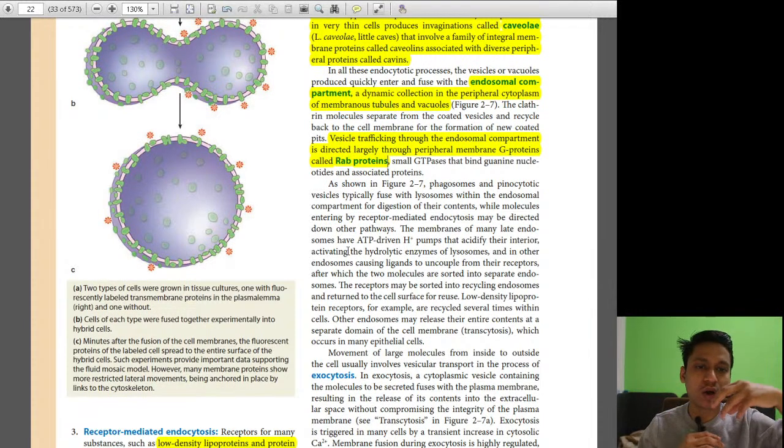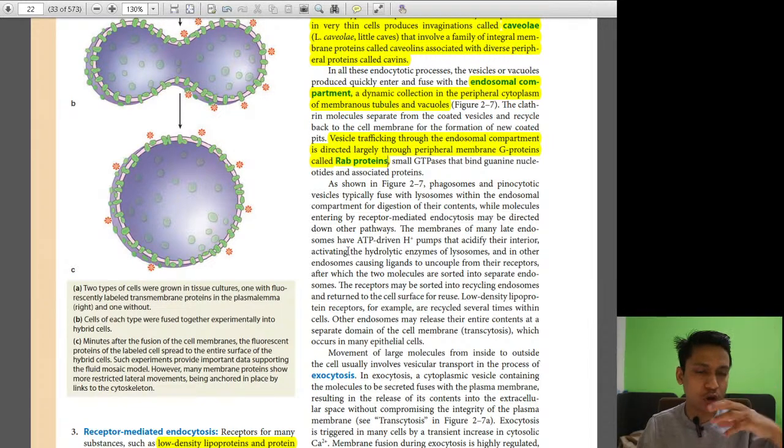We have now a hormone coming to these receptor proteins. These receptor proteins basically create a pit ready for invagination of this hormone. This pit is called a coated pit because it has a coating of a protein. This protein is clathrin protein, which is responsible for this coated pit.